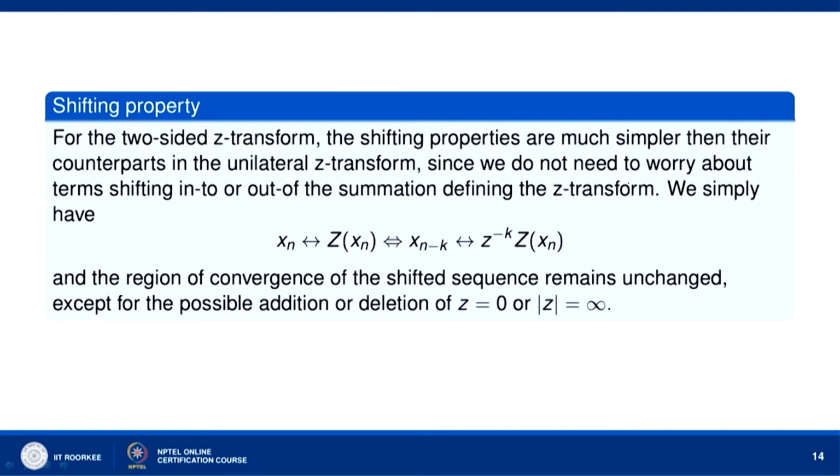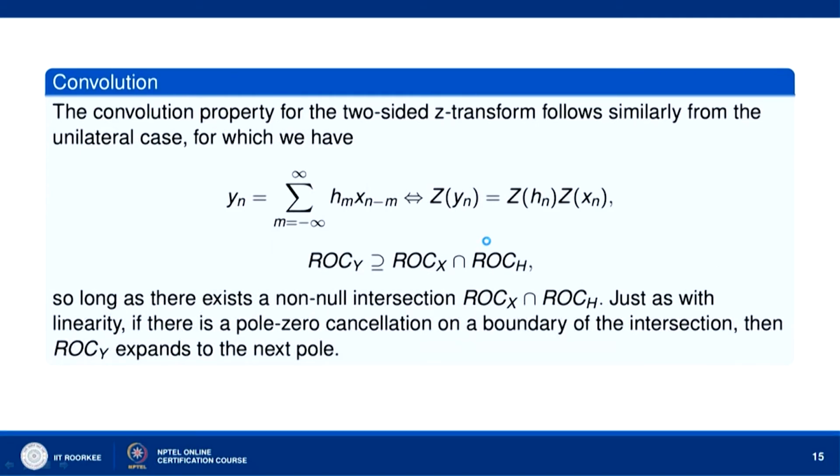We simply have x[n] goes to Z{x[n]}, implying x[n-k] goes to z to the power minus k times Z{x[n]}, and the region of convergence of the shifted sequence remains unchanged except for the possible addition or deletion of z equal to 0 or mod of z equal to infinity. So, if x[n] goes to Z{x[n]}, then the shifted sequence x[n-k] will have Z transform z to the power minus k Z{x[n]}.